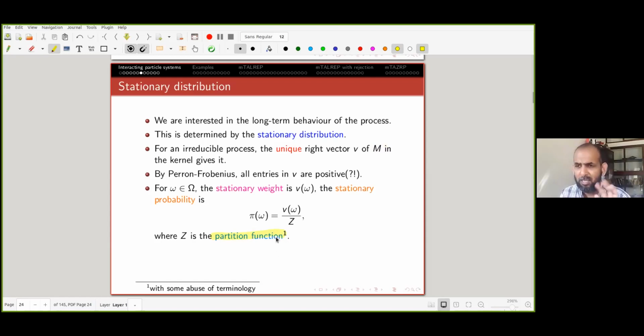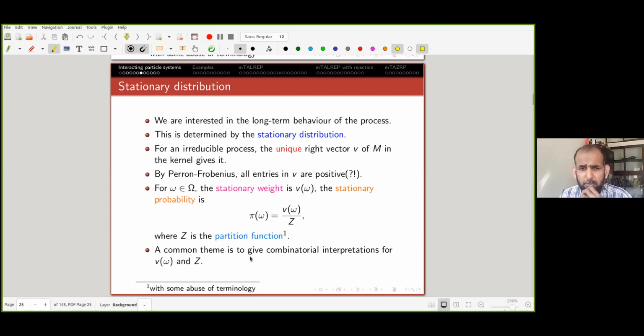It carries a lot of meaning, but we have gotten into the habit of using it. You can see this is slightly problematic because I could multiply V of omega by 2 for every omega, and then my Z will multiply by 2 as well. So a priori, this is not well defined.